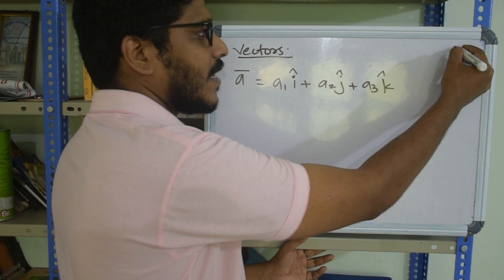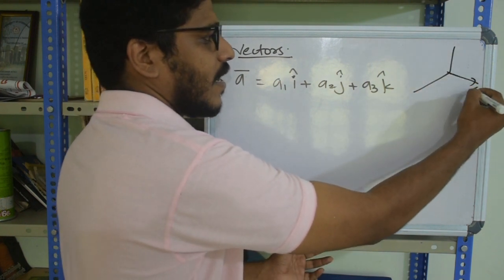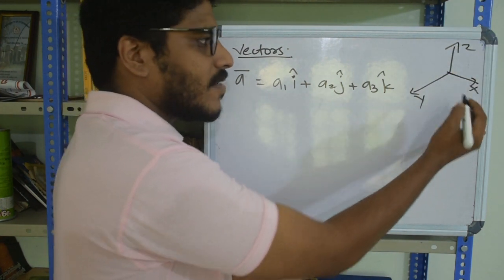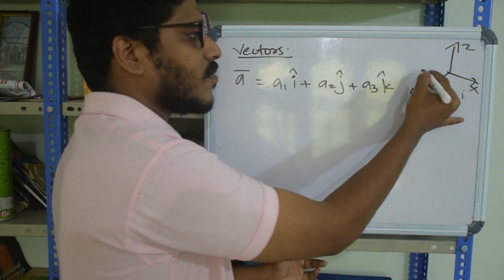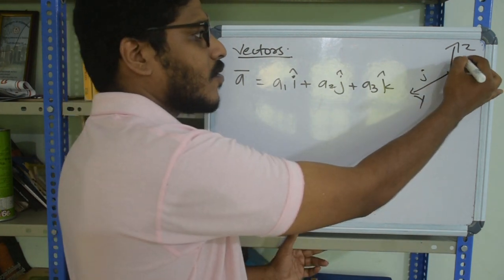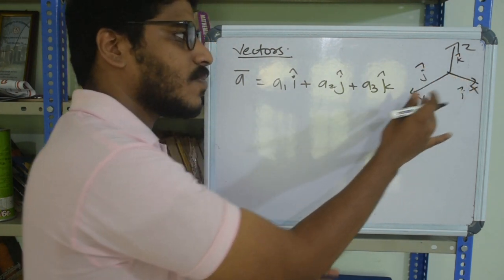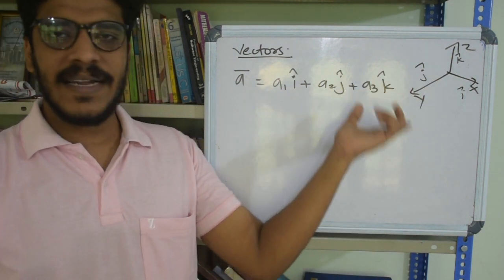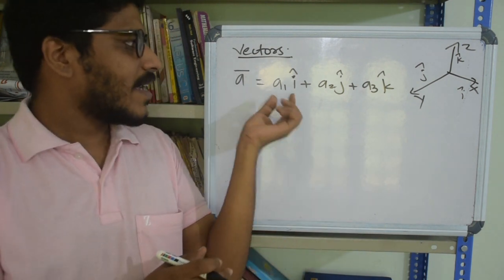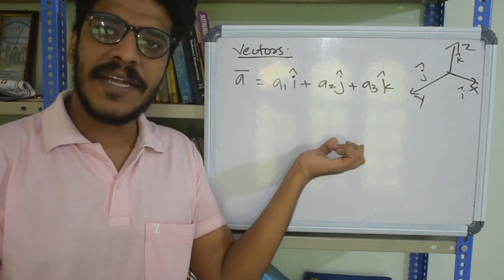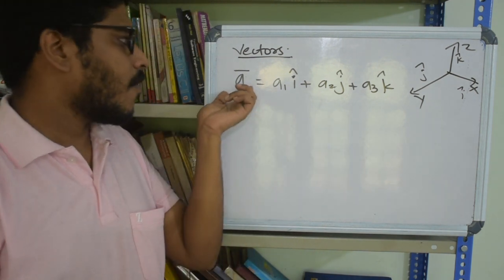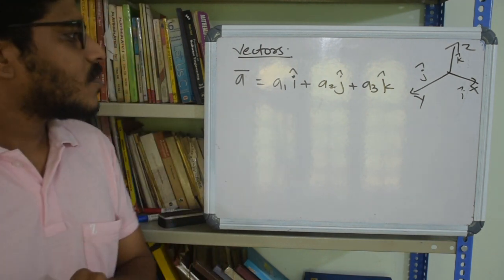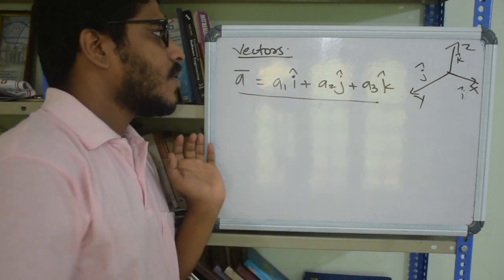Like if we have coordinate axes of 3 dimensions, say x, y and z, then i is the unit vector in the direction of x, j is the unit vector in the direction of y, k is the unit vector in the direction of z, and this is by convention. Okay, so this is how we consider i, j and k. And using i, j and k multiplied with certain scalars a1, a2 and a3, we form the vector A. Right. So this is how a vector looks.